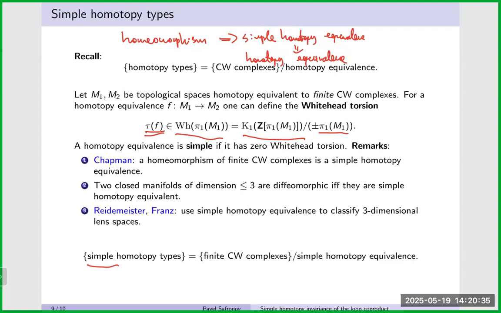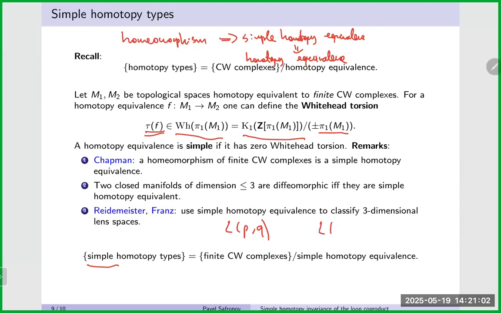In fact, this whole theory of torsion originated with Reidemeister and Franz, who classified 3-dimensional lens spaces. So you might know that if you look at 3-dimensional lens spaces, they're parameterized by these two numbers, P and Q. But there are some non-trivial homotopy equivalences between lens spaces.